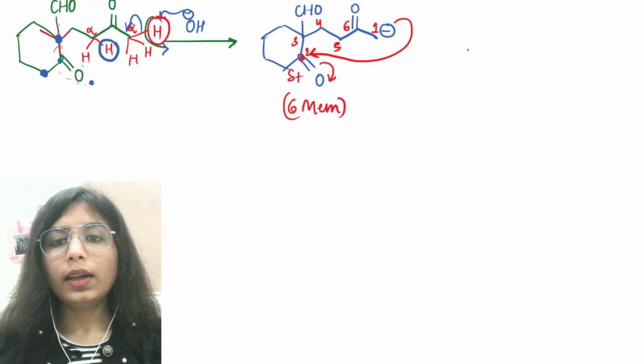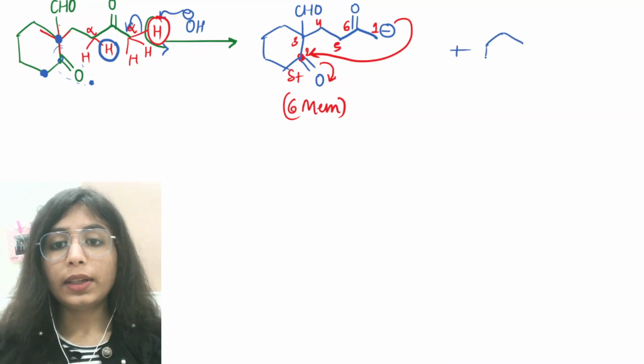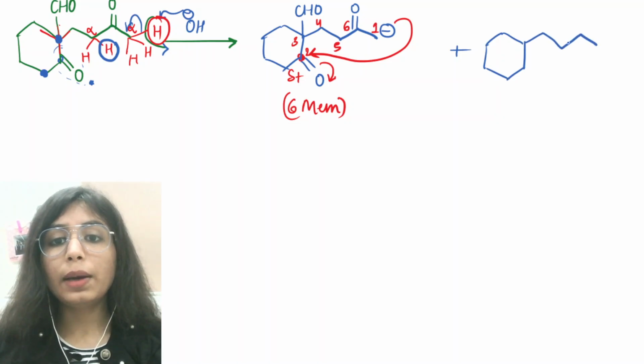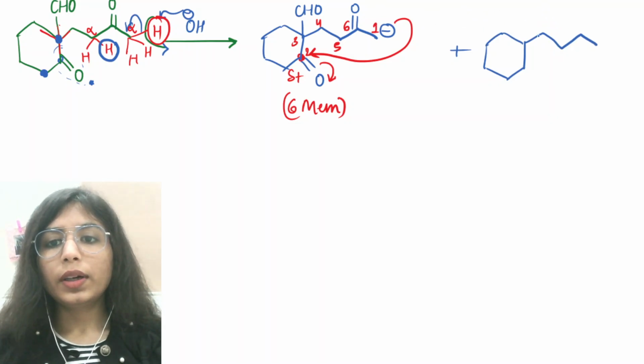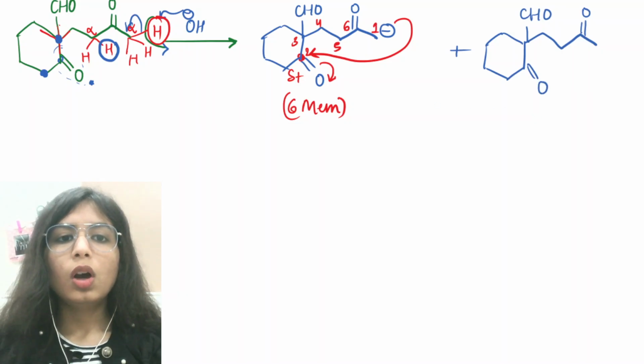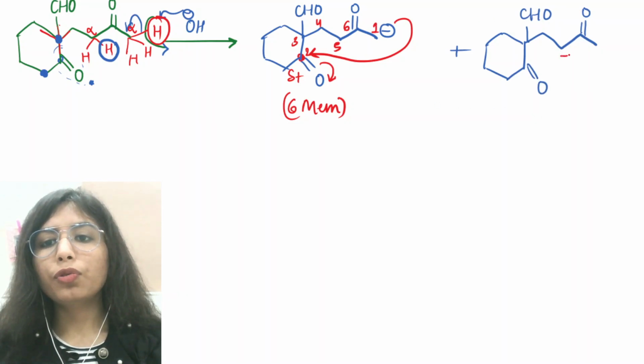So if I talk about the second possibility, I mentioned in the beginning that you have to tell the major product. There are a lot of possibilities in this case. You need to check which one is the major one. So here this is CHO, this is double bond O, and again here there is double bond O. What if I remove hydrogen from this position?